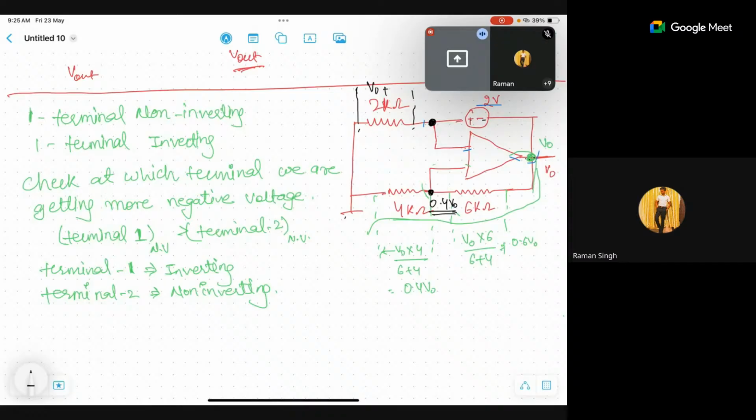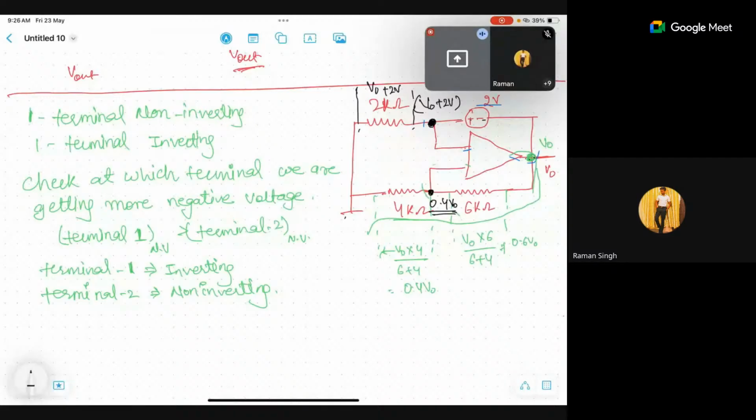So V naught plus 2 volts is the voltage drop at this point. Okay, clear?